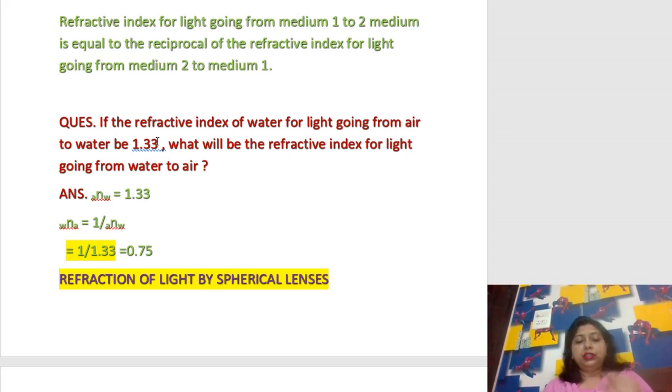And the question asks what will be the refractive index when it goes from water to air. So I have just written here water and air.